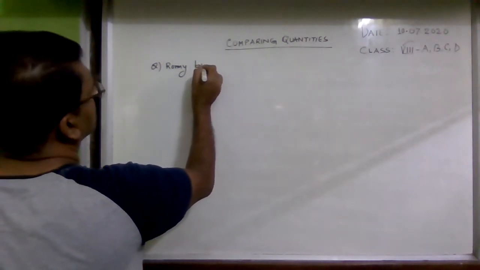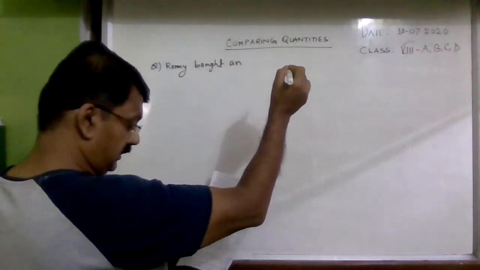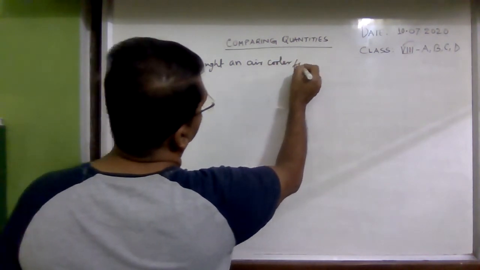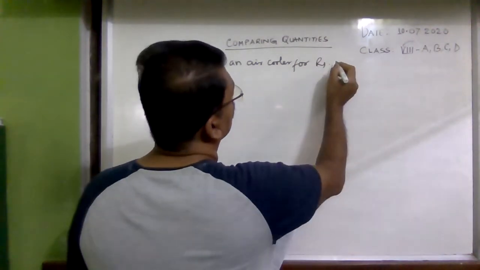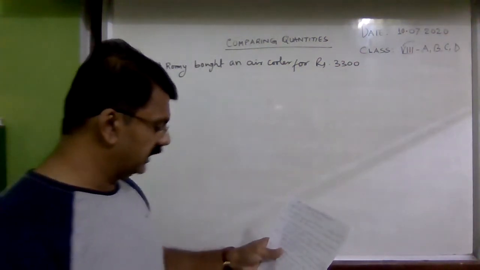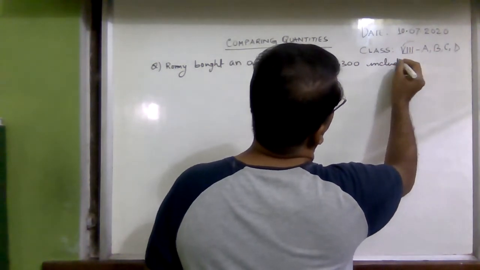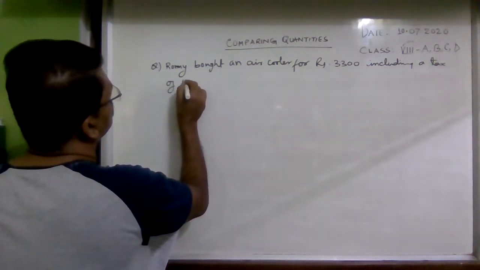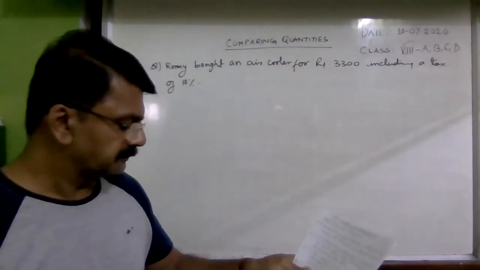Ronnie bought an air cooler for rupees 3300, that is 3300, including a tax of 10%. Means in this price the tax is already included.